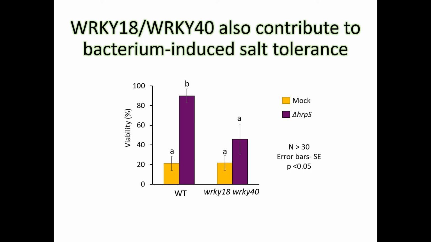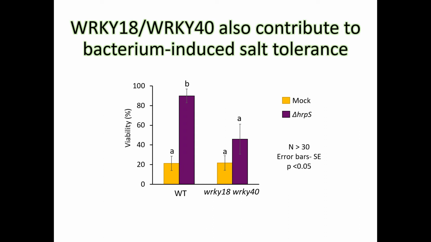Consistent with the sterile assay, we see that bacterium-induced salt tolerance also requires the function of WRKY18 and 40. Once again, pre-treating this mutant with bacteria did not result in a higher number of survivors under salt stress.